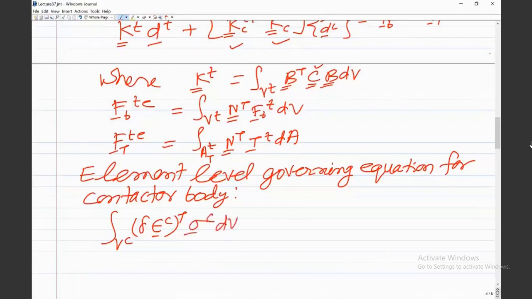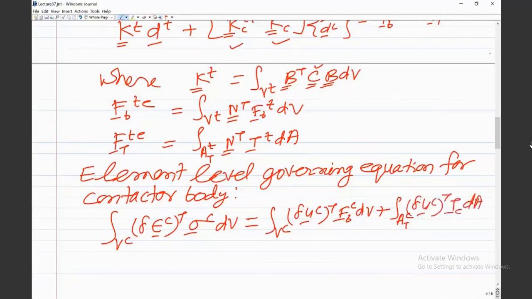So this is the virtual work of stress. It is equal to the virtual work of externally applied forces. So here we have integration over Vc of delta Uc transpose into body forces in the contactor dV, plus the integration over the area where traction is acting on the contactor body, delta Uc transpose into Tc dA, and then the virtual work of the contact normal force.